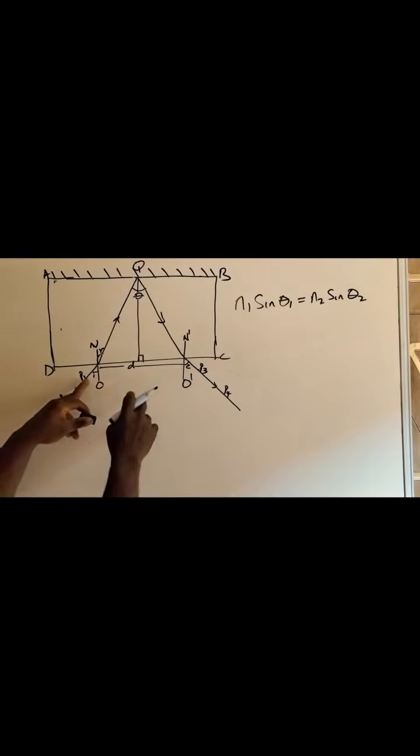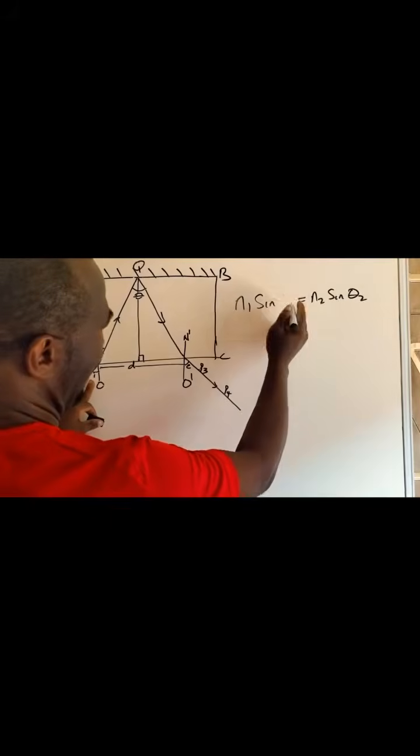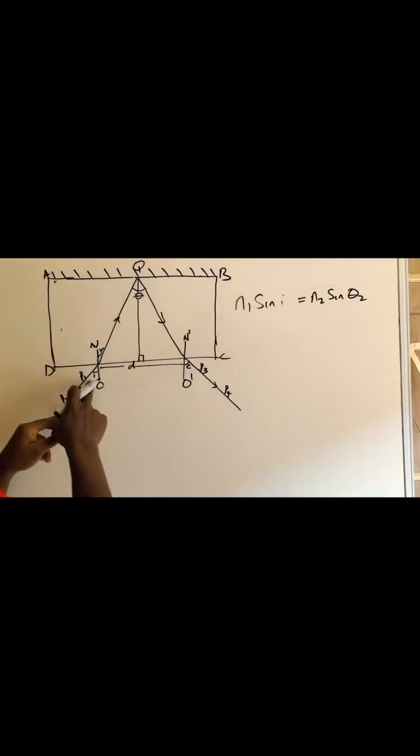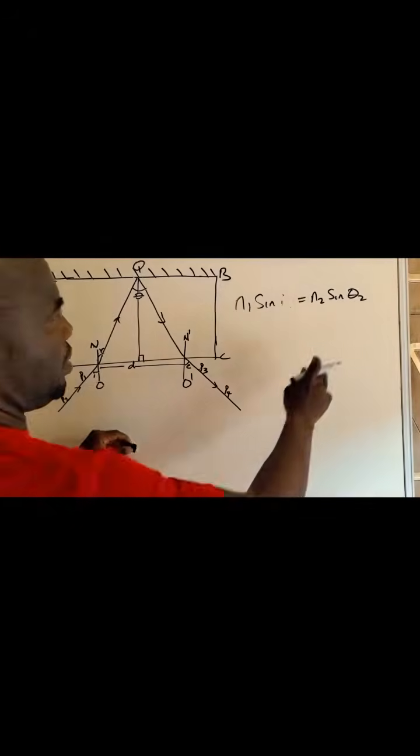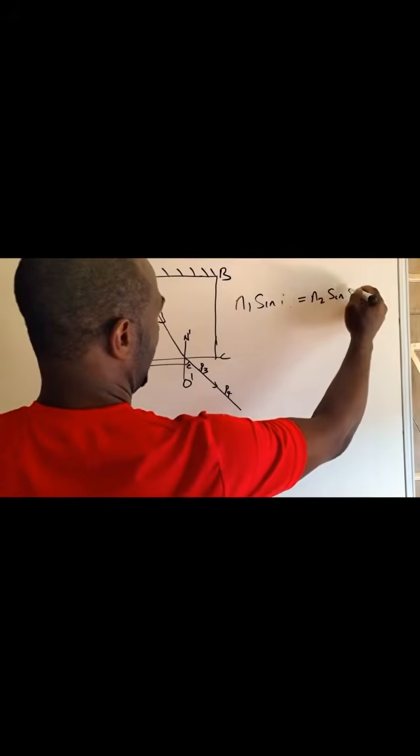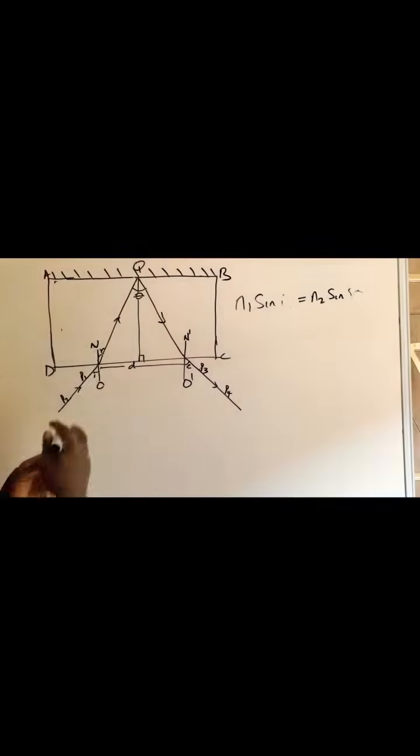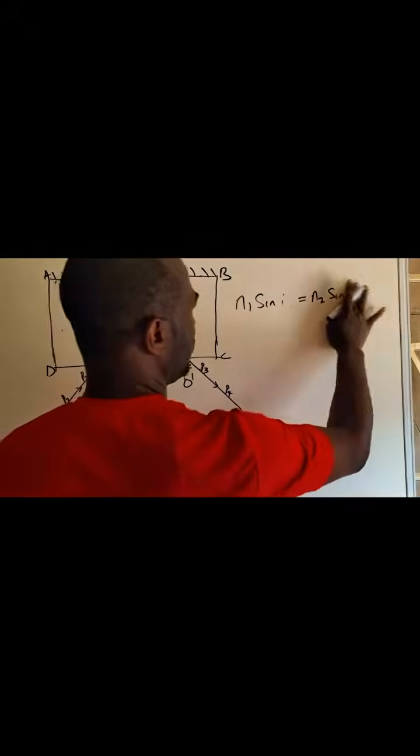We replace theta 1 with I, the angle of incidence in air, and theta 2 with r, the angle of refraction inside the glass. So we now have a modified formula: n1 sine I equals n2 sine r.